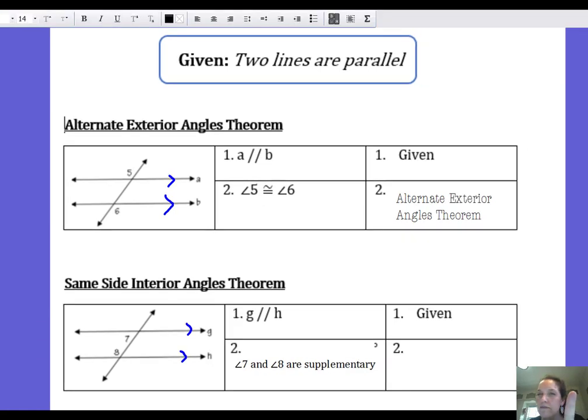Not measure of angle 7 plus measure of angle 8 equals 180. Notice, I'm spelling it out in words. Angle 7 and angle 8 are supplementary, by the same side interior angles theorem. Because I told you the lines were parallel, we were allowed to say that those two angles were supplementary.